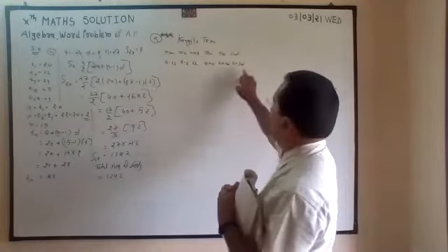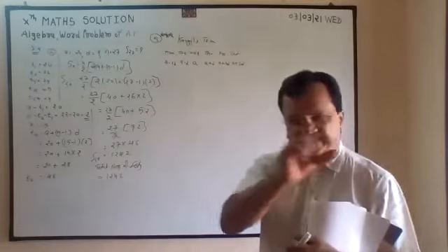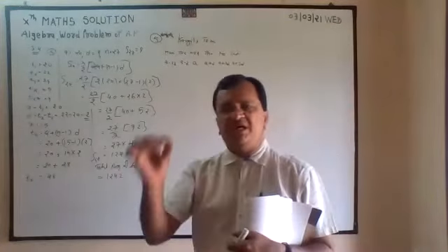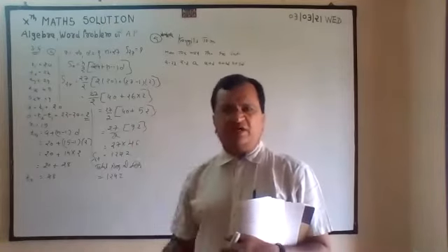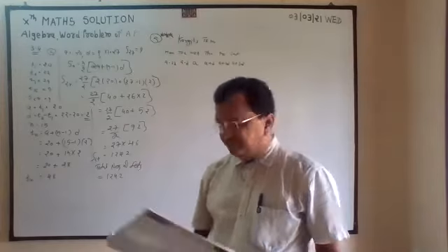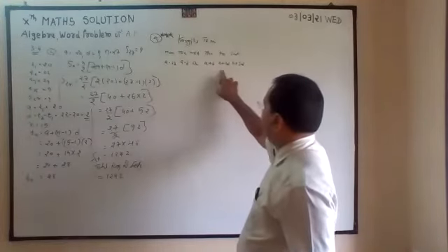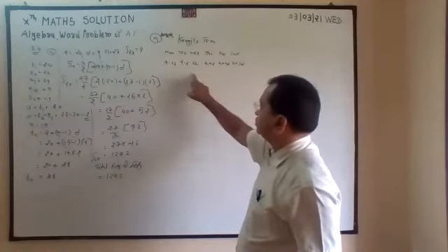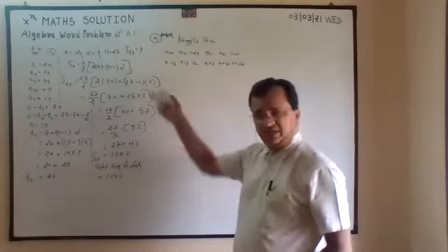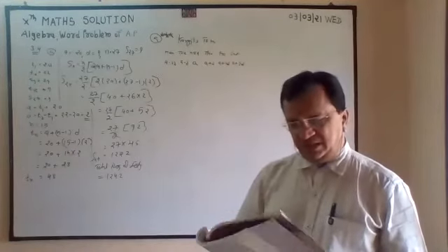You can start from here also, A minus D, A minus 2D. Anyway, the common difference should be equal. At the end, your answer will be equal. Don't worry. I have taken here A. You can take A plus D, A plus 2D, A minus 2D, A minus D, A minus 3D. It is different, but the common difference should be equal.